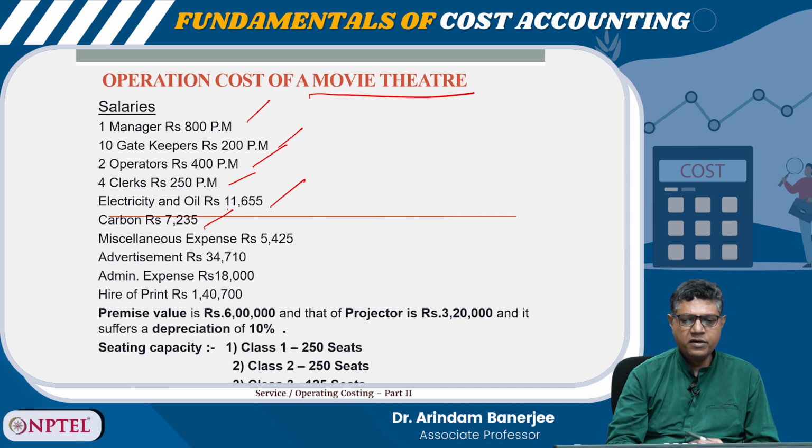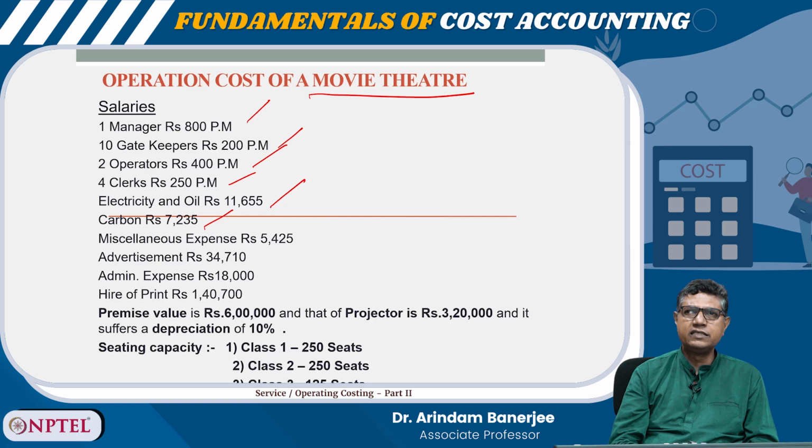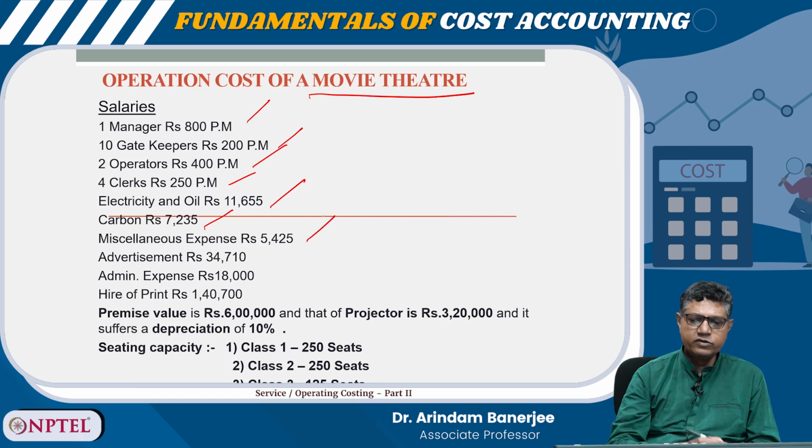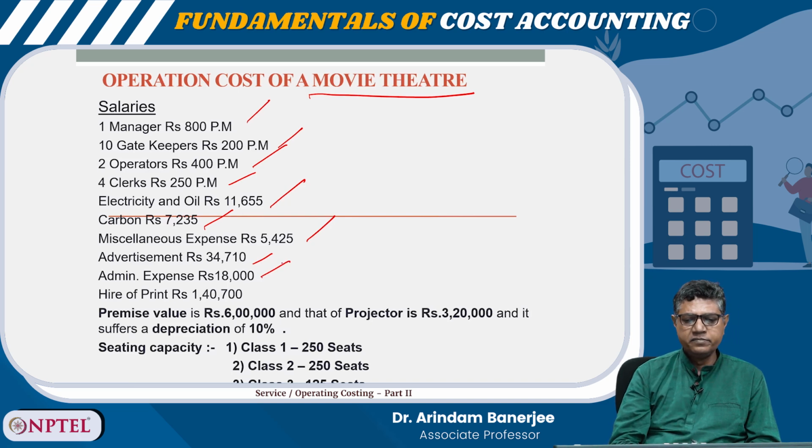Carbon rupees 7,235. There are other miscellaneous expenditures which is 5,425. Then advertisement cost is quite high, that is 34,710. There are other admin expenses, around 18,000, and hire of print.